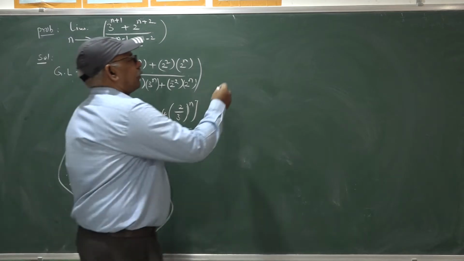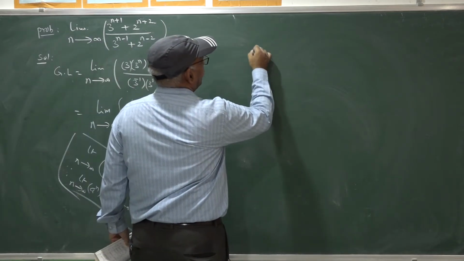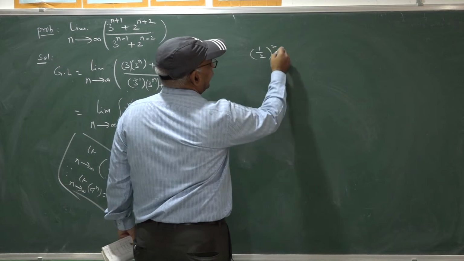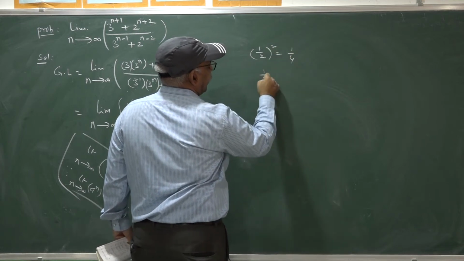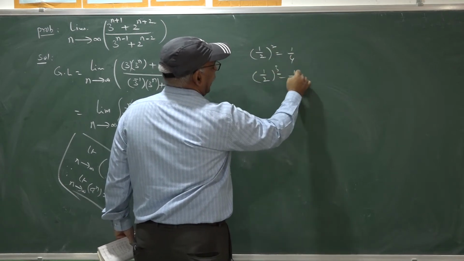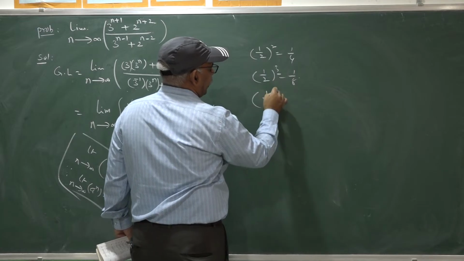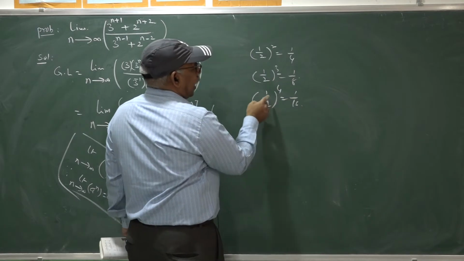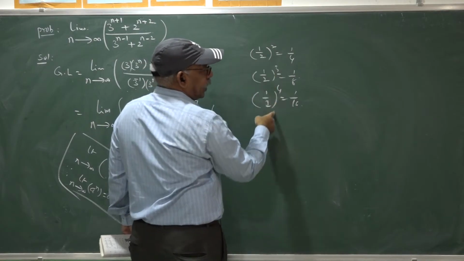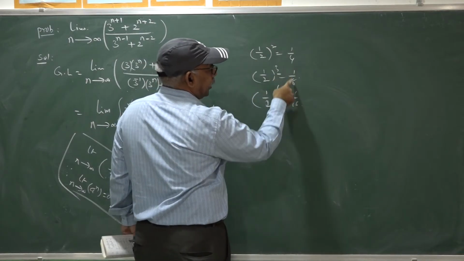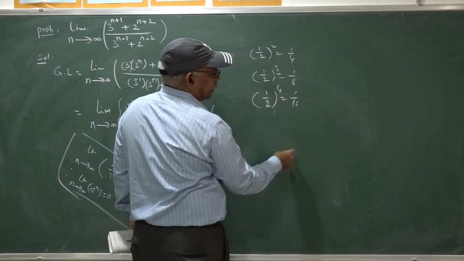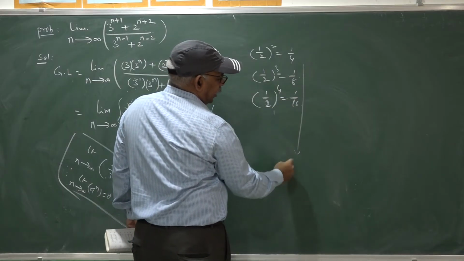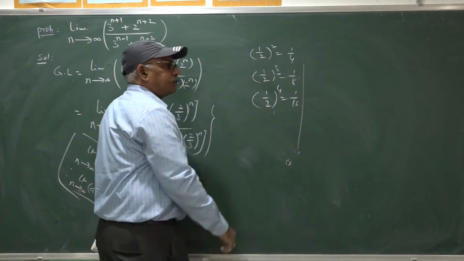For example, I will take (1/2)^2, this is 1/4, (1/2)^3 is 1/8, (1/2)^4 is 1/16. As the power is increasing, the denominator increases here. Once the denominator is increasing, automatically it goes to 0.